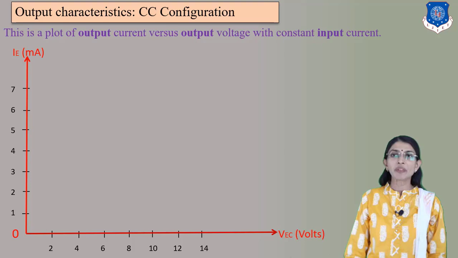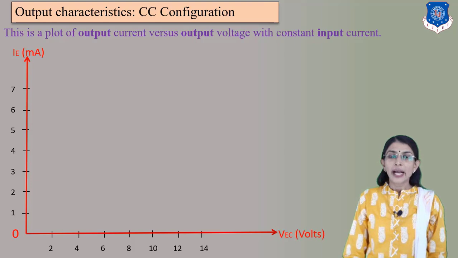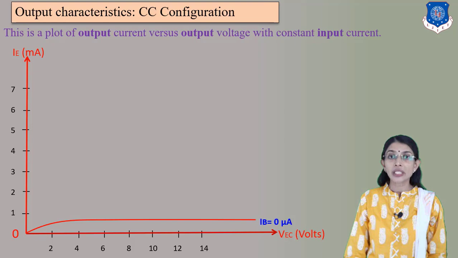The relationship between output current versus output voltage. For drawing the output characteristic, it is required to keep the input current constant. So initially assume IB equal to 0. That means the input current is assumed to be 0, even though a very small current flows through the common collector configuration, and that is what?